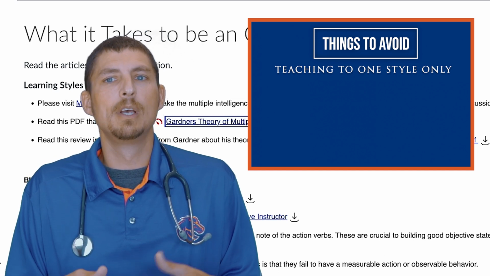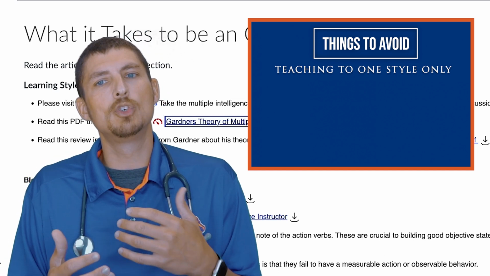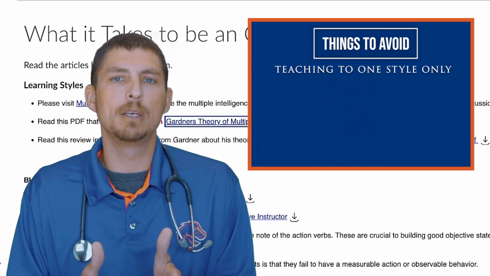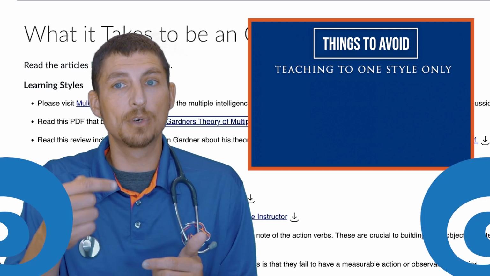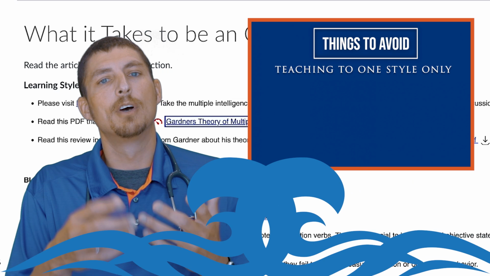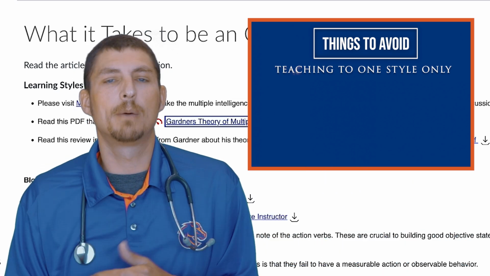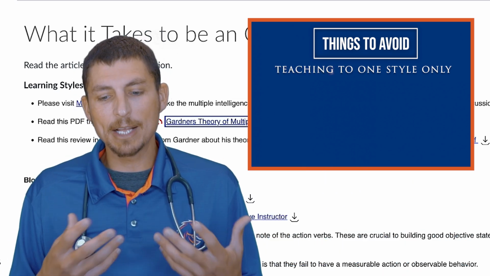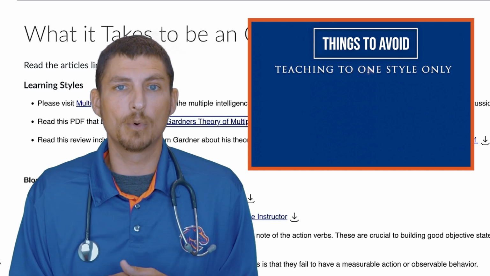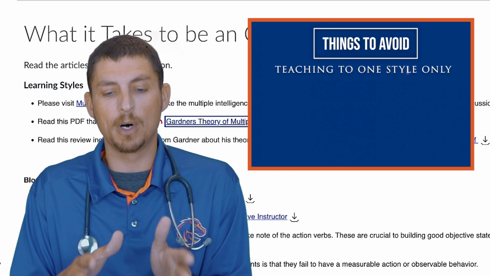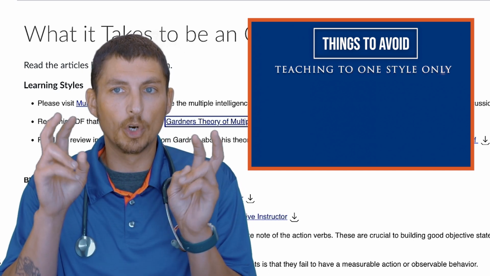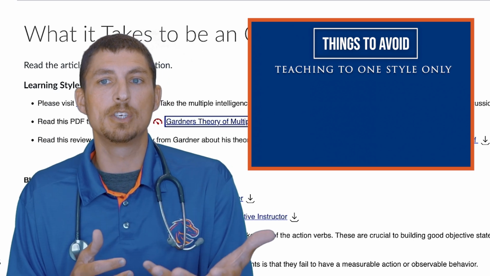And that's important. You should emphasize that, but you should not make that the only way you learn. Remember, you need wave after wave of learning in order to get that comprehensive understanding. And that's, as educators, what we're looking for. So be careful that you don't fall into just one learning style as you prepare to teach.